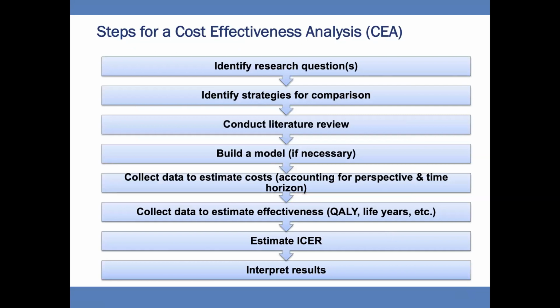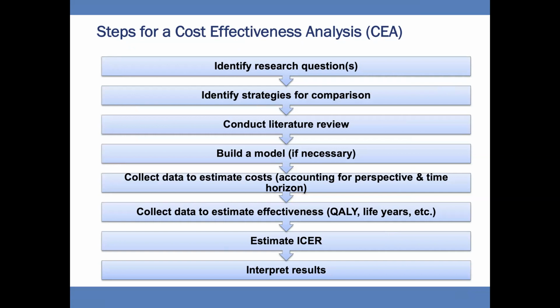So now I'm going to give you 2 examples, but before I do that, I'll quickly go through the process, the number of steps that we normally go through when we do cost effectiveness. First, you need to identify the research question, definitely. You need to identify the intervention that you're interested in, for which you want to study cost effectiveness.